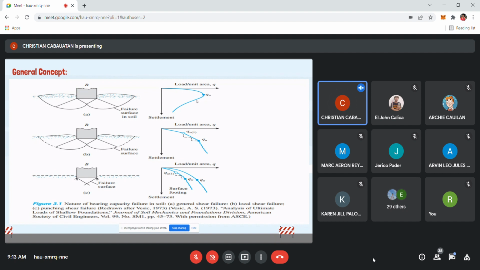This load per unit area is usually referred to as the ultimate bearing capacity of the foundation. When such a sudden failure in the soil takes place, it is called general shear failure. So our figure 3.1A shows the general shear failure.